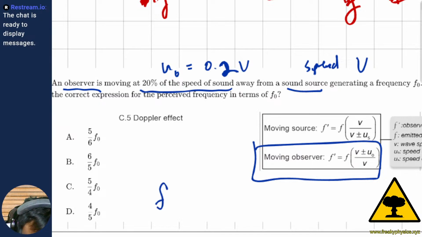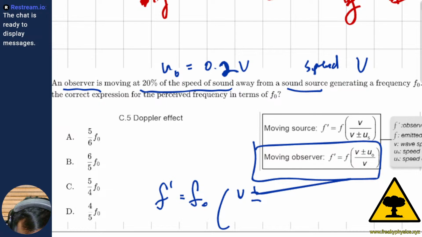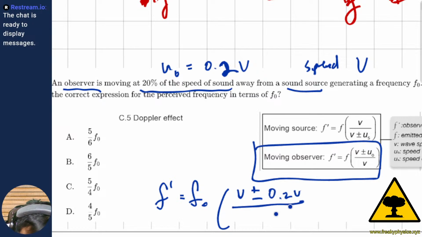So F prime, or the observed frequency, will be equal to F0 times V plus or minus 0.2 V all over V, and the V basically cancels out.